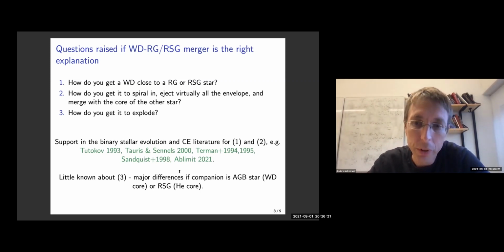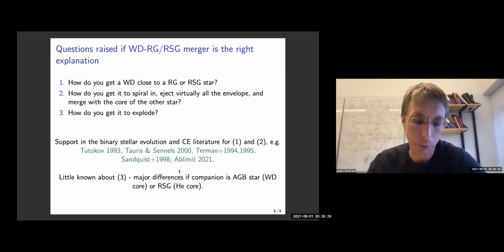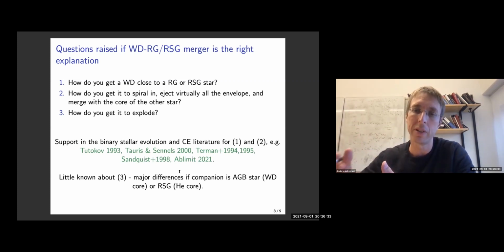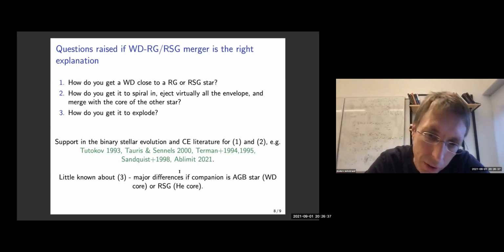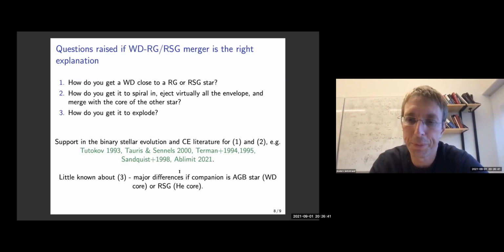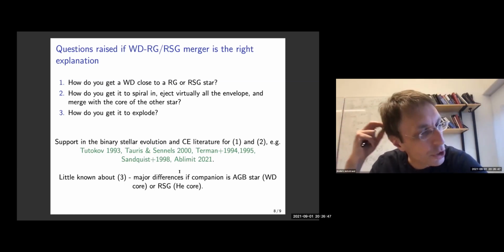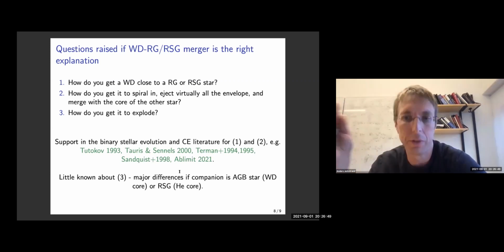On this third point, in the modeling we did, we're not really saying what the nature of this companion star is, because we're putting a CSM out there, giving it the mass and so on, right? Our best mass is around 10 solar masses, but if you want to have an AGB star here, so you basically have a double white dwarf merger, of course your ejected mass cannot really be 10, 15 solar masses.